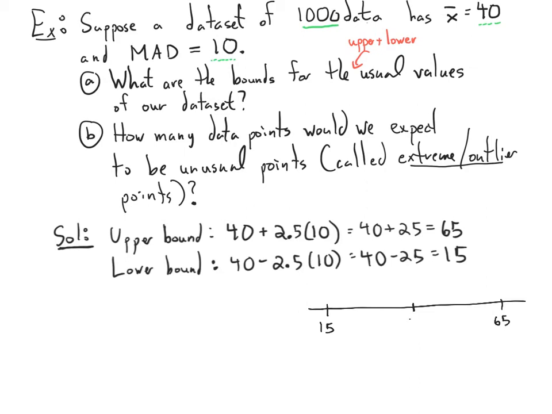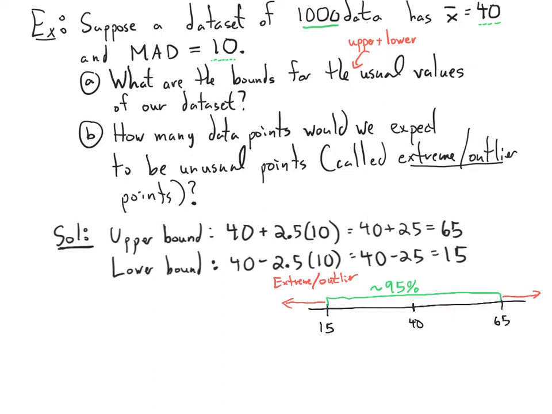And here's the mean of 40. I'll put that in there. So in this area, we'll have roughly 95% of our data. And outside of that, these areas here, these are our extreme or outlier regions. They're values that are a lot bigger or a lot smaller than the other values that we have.